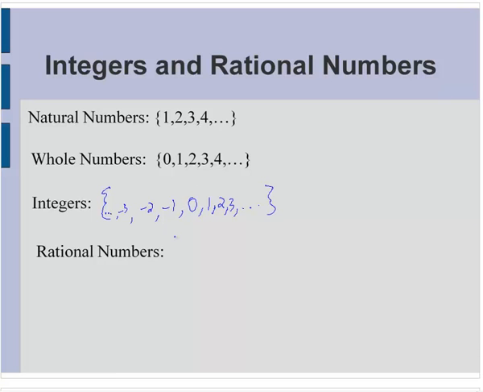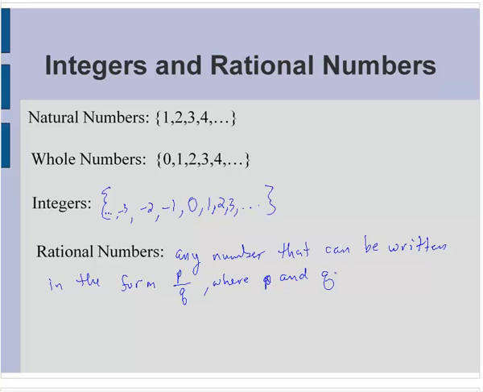And we will also talk about what are called the rational numbers. A rational number is any number that can be written in the form p over q, where p and q are themselves integers.